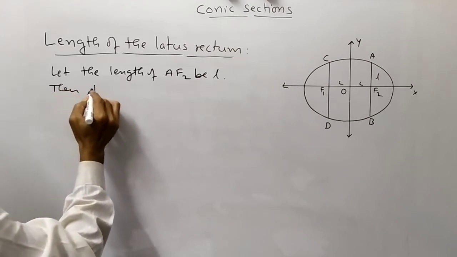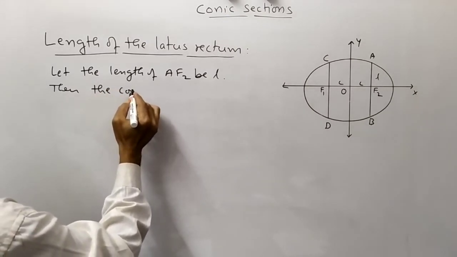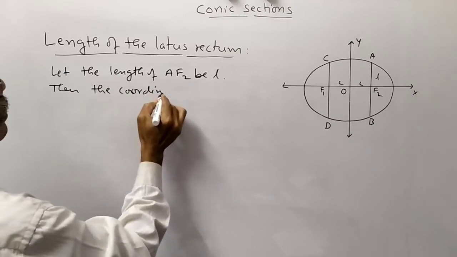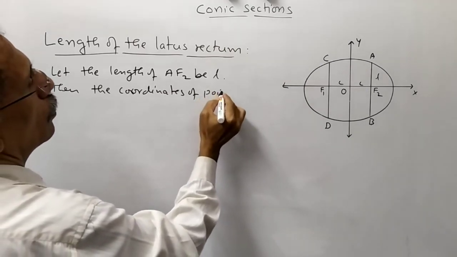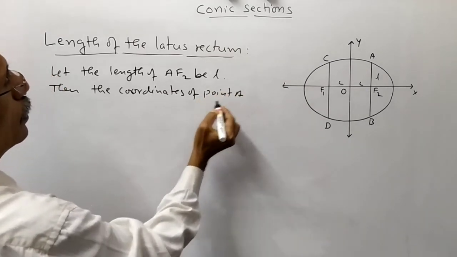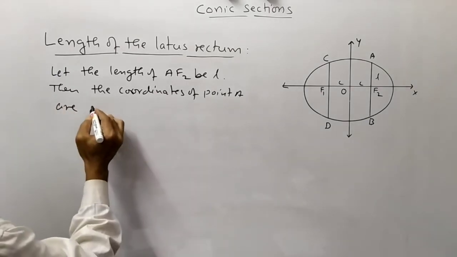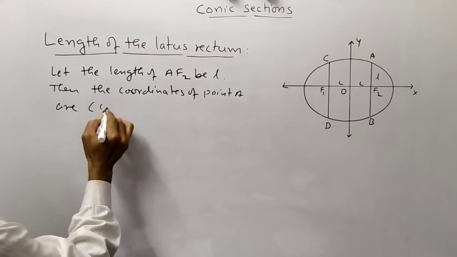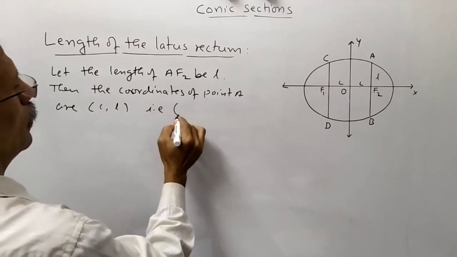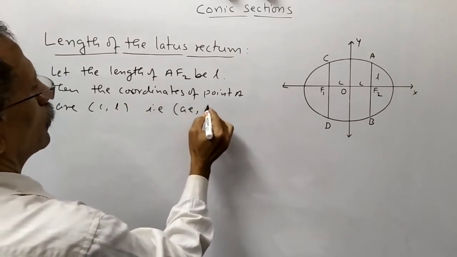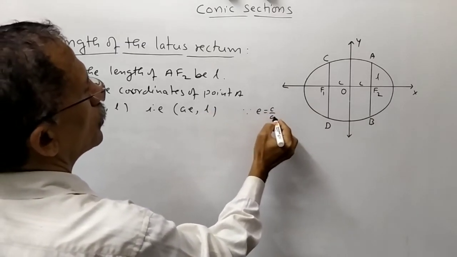Then the coordinates of point A are (c, l), that is (ae, l), because e is equal to c by a.